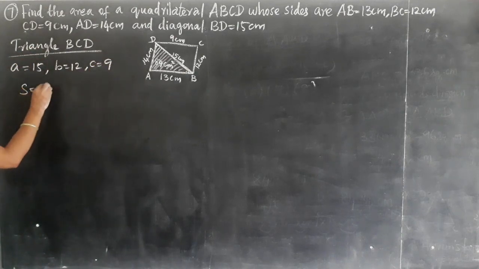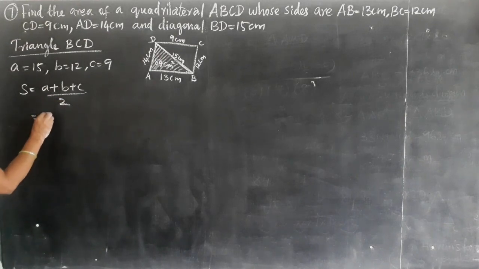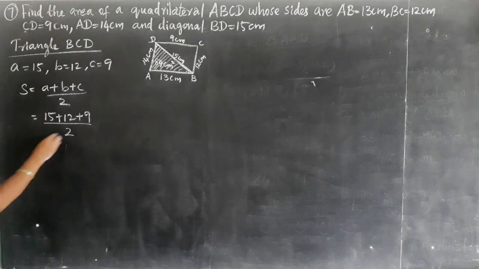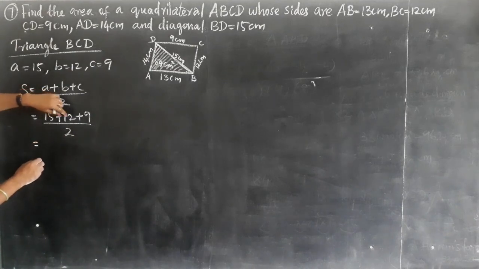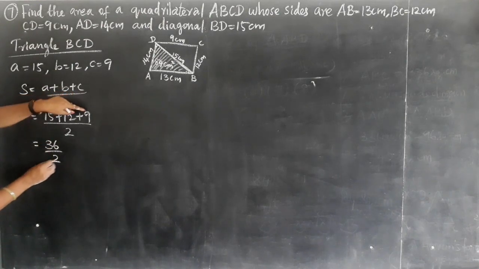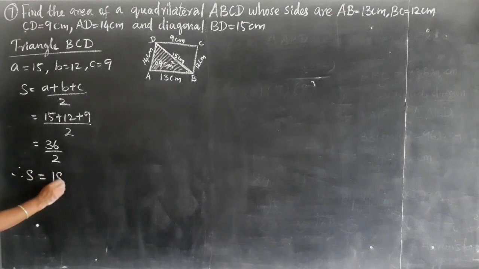So s is equal to a plus b plus c divided by 2. So 15 plus 12 plus 9, that is 27 plus 9, 36, divided by 2. So therefore s is equal to 18.